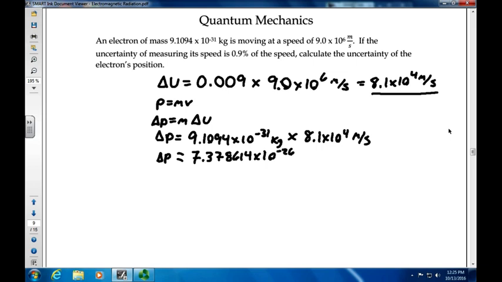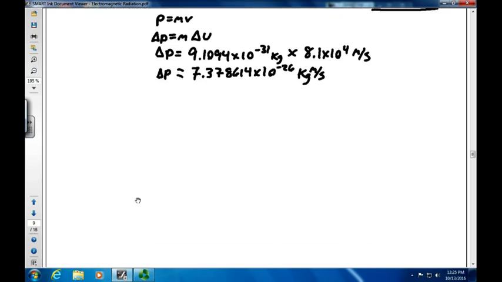And that's going to be in kilogram meters per second. Okay? This will all become relevant very soon.